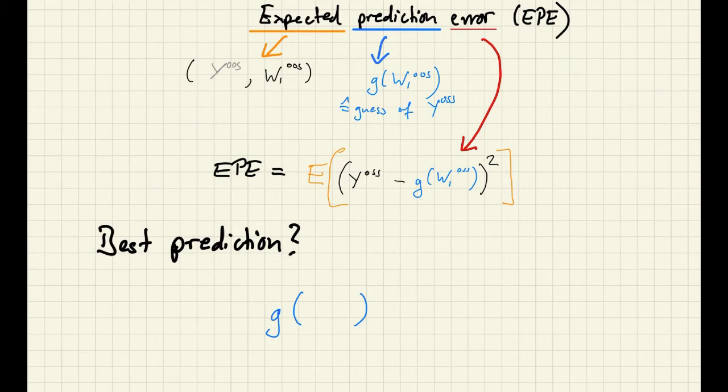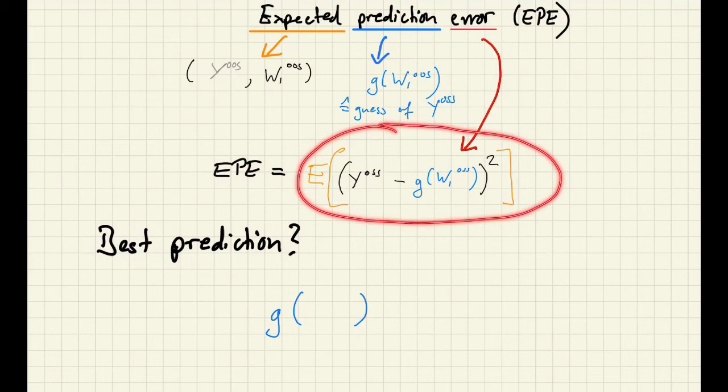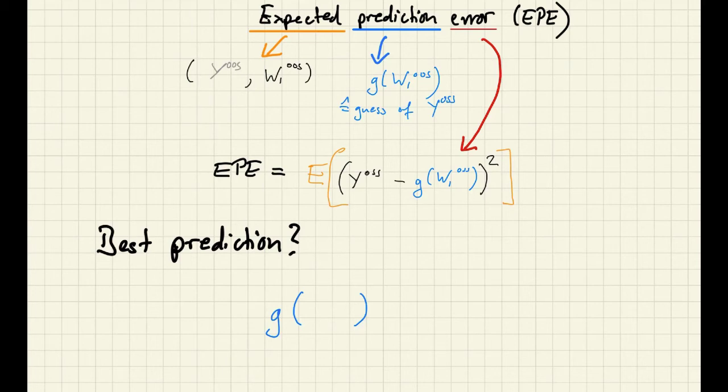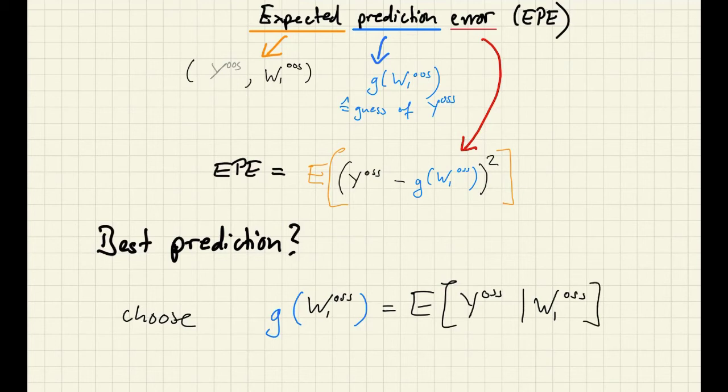And we've already talked about the problem of minimizing this kind of least squares criterion, and we know that if we want to minimize this criterion, then we should be choosing the conditional expectation of y given w1.